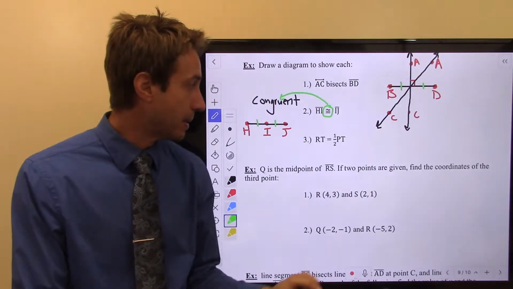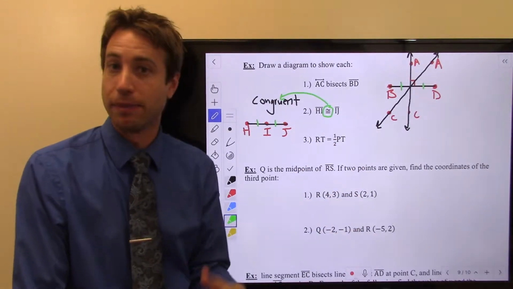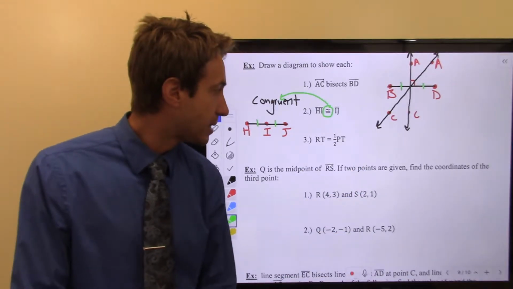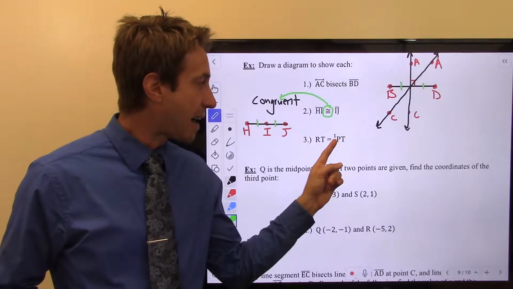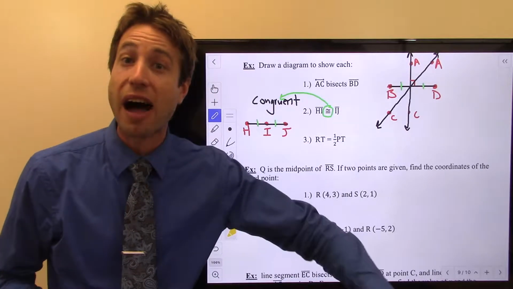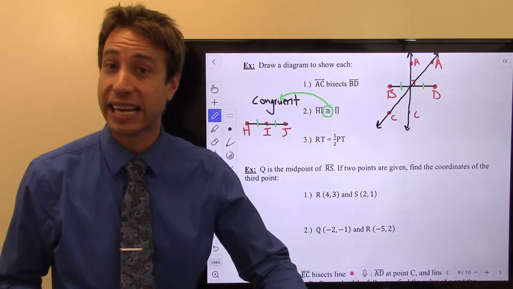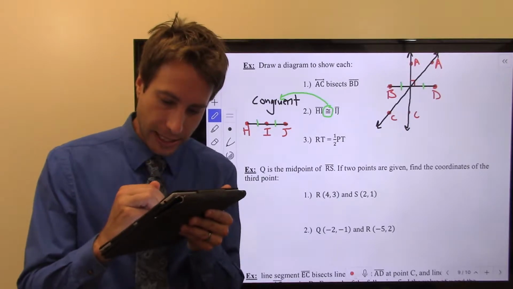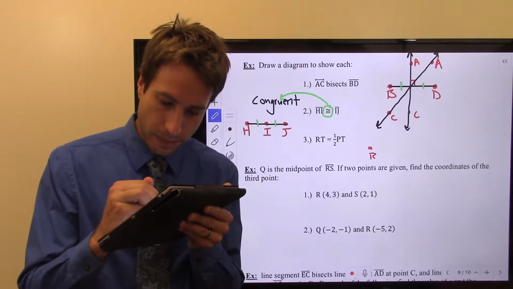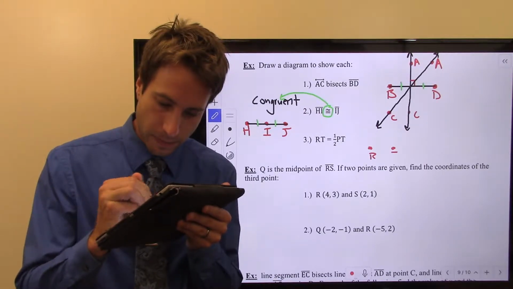RT, that's a line segment, equals 1/2 PT. Well, that's another line segment. So here we go. Careful though, what this means is that you would have to take the line segment PT, divide it by 2, so cut it in half, and you would get the line segment RT. Well, let's start with RT. There's RT.